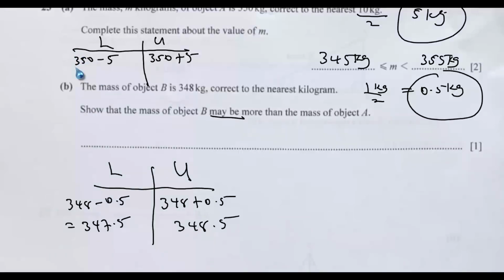You can see that the lower bound for object A is 345 as written here, and the lower bound of object B is 347.5.